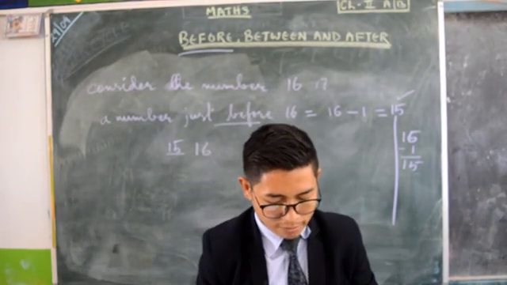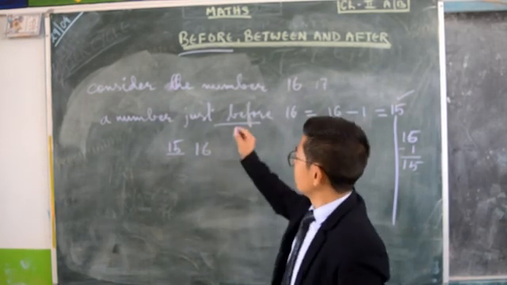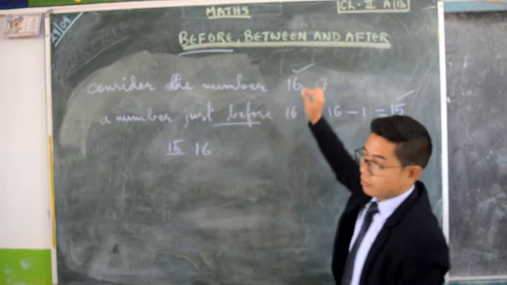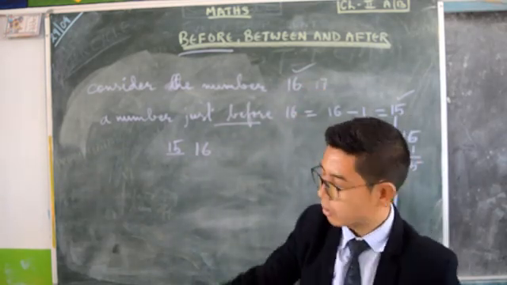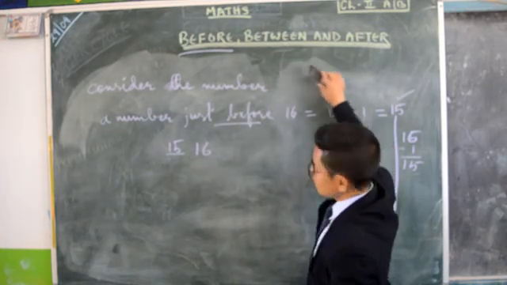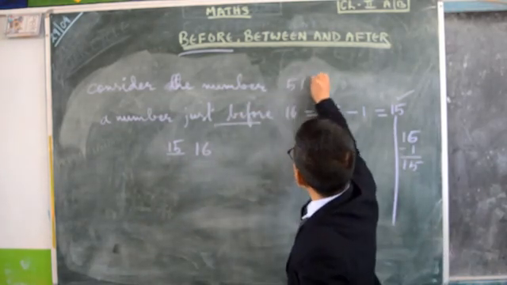Now, let's take another example of a 3 digit number. We have done 2 digits. All right, now we'll move on to a 3 digit number. The number is 516.